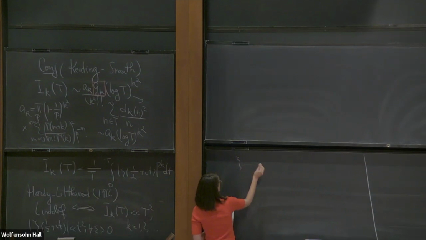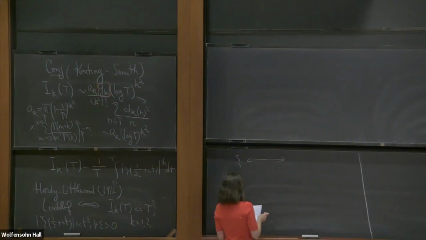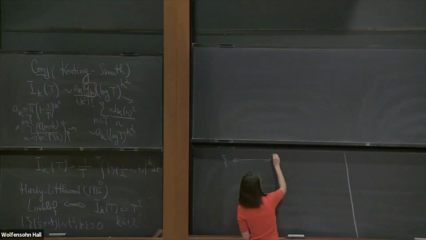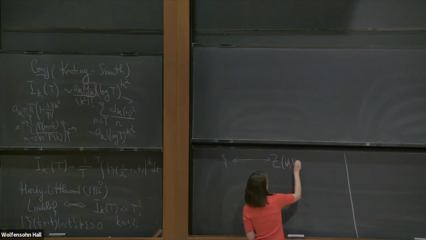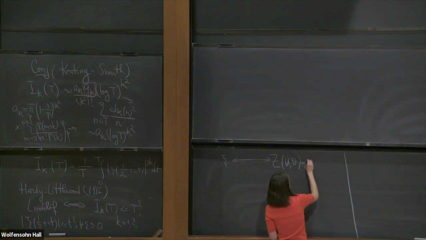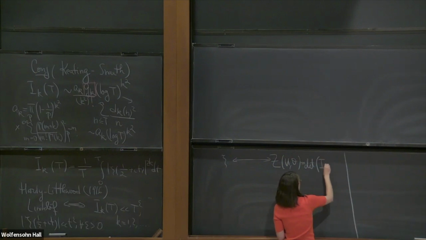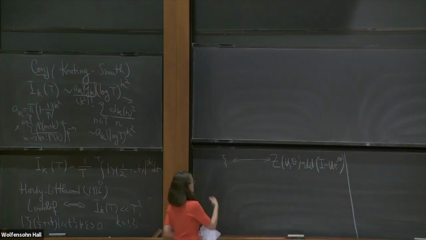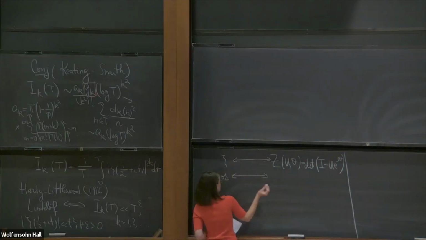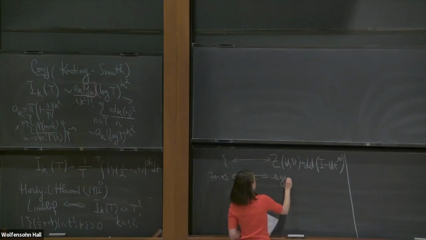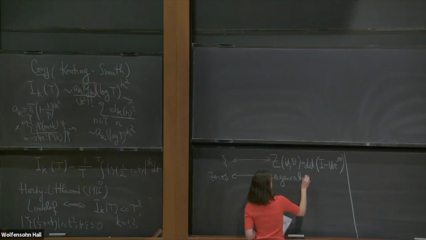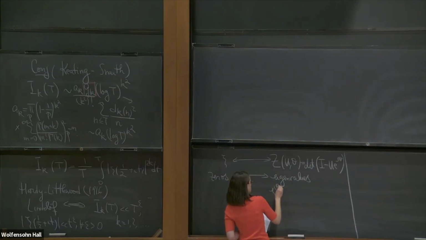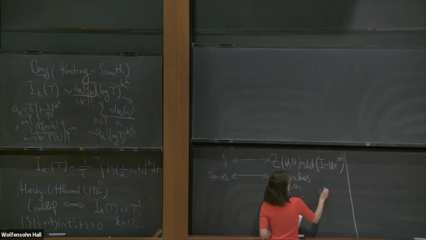If you think of zeta in analogy with the characteristic polynomial of a unitary matrix, say Z(U, theta), this is the determinant of I minus U e^(-i theta), then we can think of the zeros of zeta as eigenvalues of these unitary matrices. We will write them as e^(i theta_1), e^(i theta_2), up to e^(i theta_N).